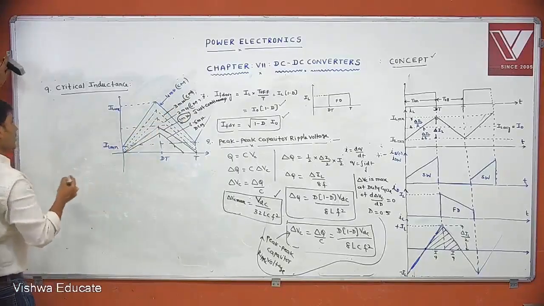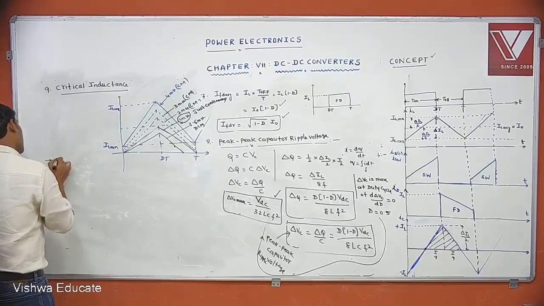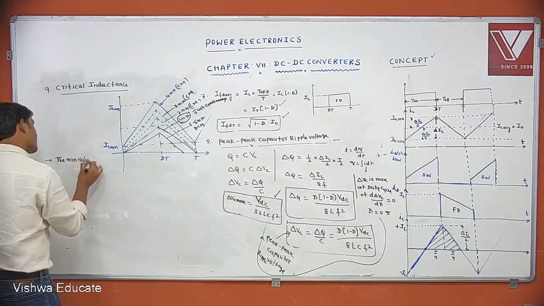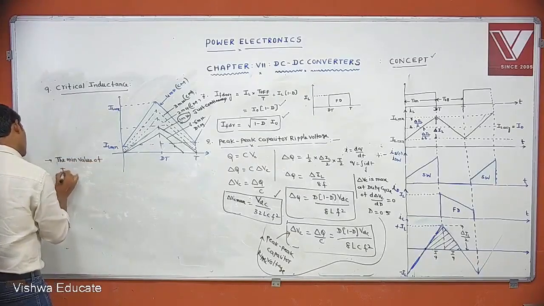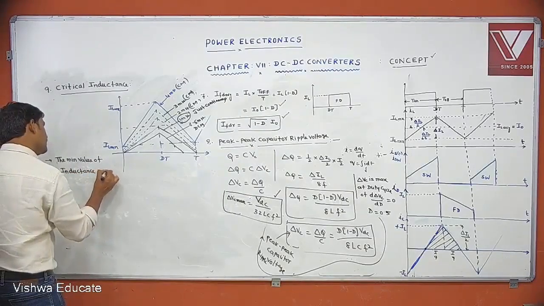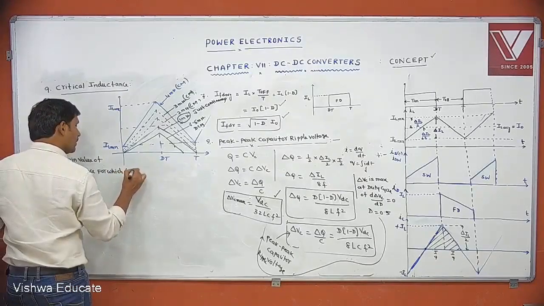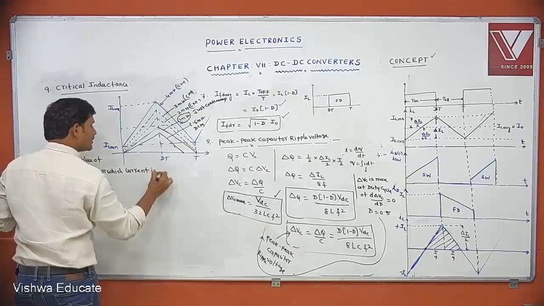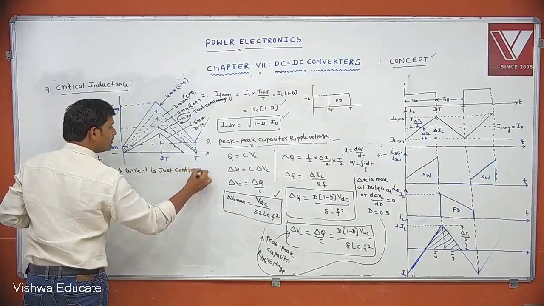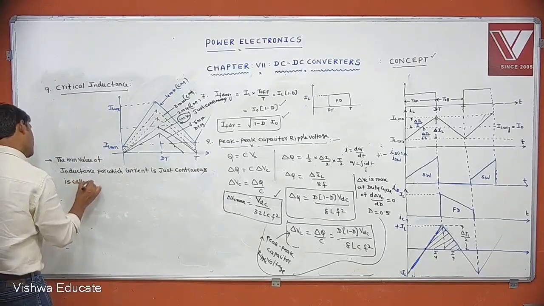What do you mean by critical inductance? Note this. The minimum value of inductance for which the current is just continuous is called critical inductance.